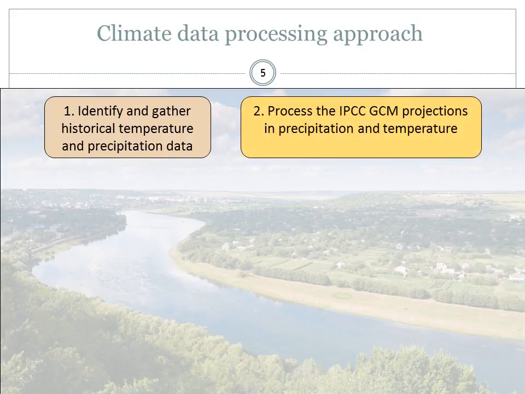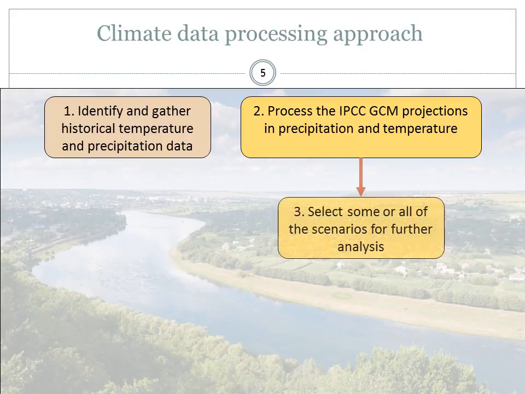We then moved on to process the IPCC General Circulation Model projections in precipitation and temperature. And this involved downloading data directly from the IPCC archive in raw form, and then taking that information and processing it into a form that could be used in the procedure we'll describe here. We then select some or all of those scenarios for further analysis.